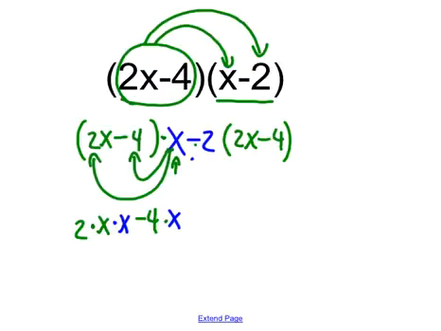I'm going to move on to this that I'm going to underline in red. So now I'm multiplying a negative 2 times, this is a negative 2. This negative 2 is getting multiplied times this 2x, and this negative 2 is getting multiplied times this negative 4. It's really important to understand that that negative is going with the 2. So negative 2 times 2x.